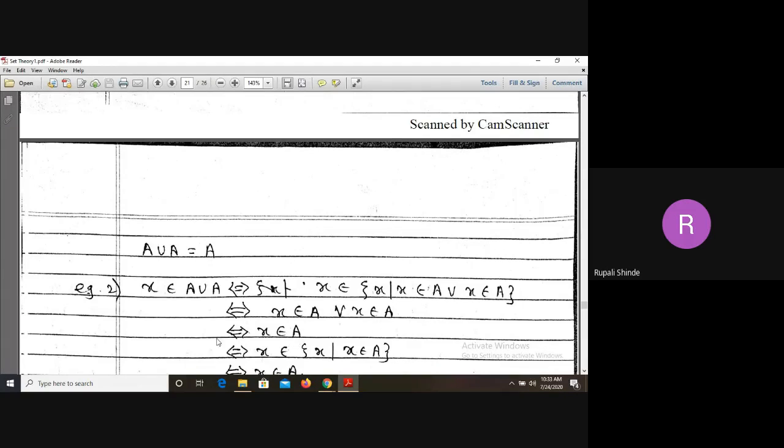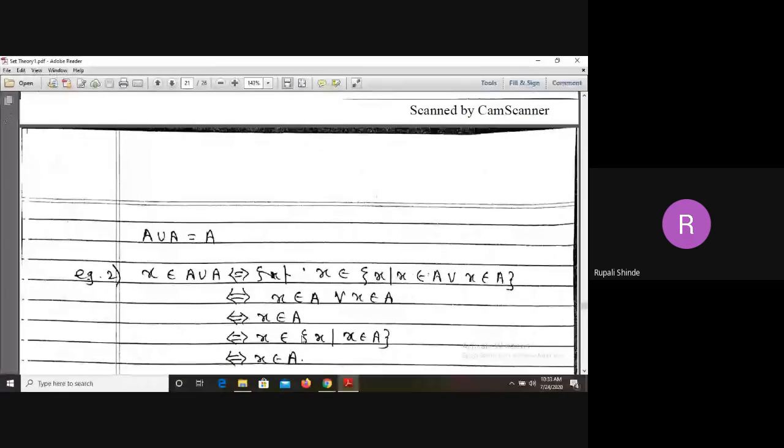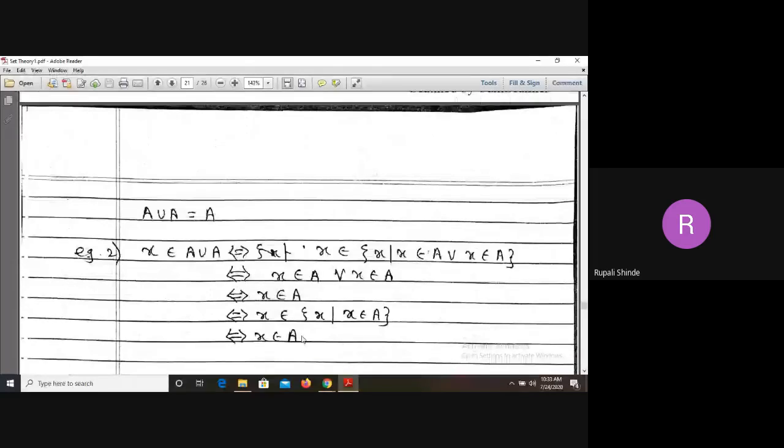So here on the left side X belongs to A union A, and on the right side X belongs to A. If you cancel X belongs to from both sides, you will get A union A is equal to set A. So in this way we can prove any statement, which is the proof.